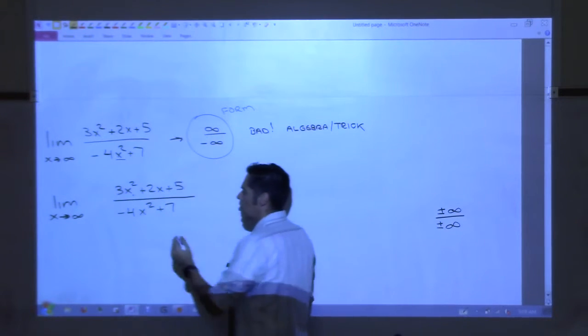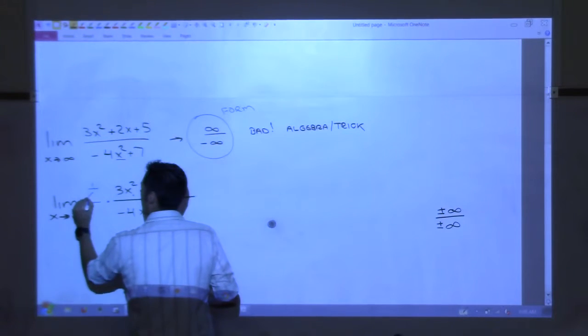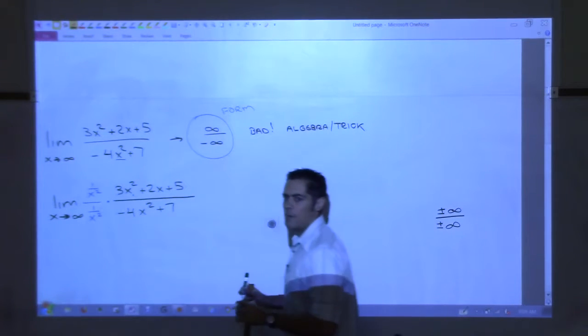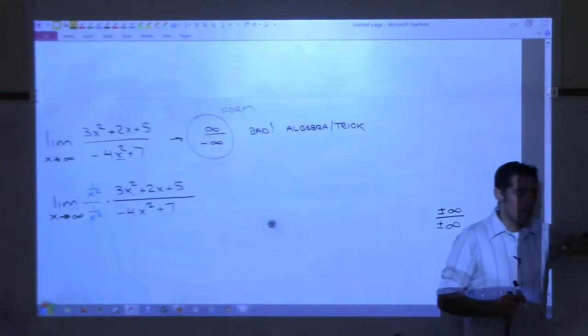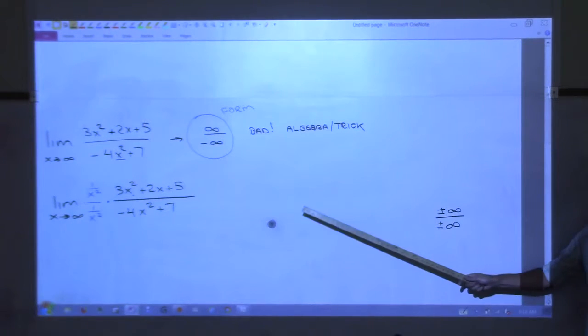I'm going to multiply this by 1 over x squared, 1 over x squared. So I'm not multiplying by x squared over x squared. I'm multiplying by 1 over x squared over 1 over x squared. And let's just see what the effect of this is, all right?